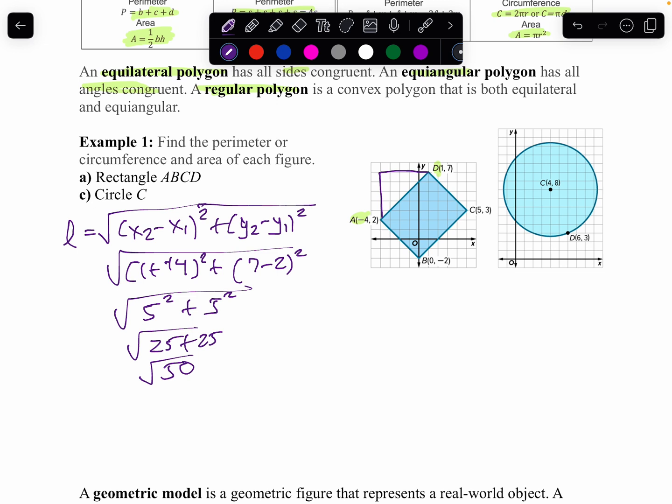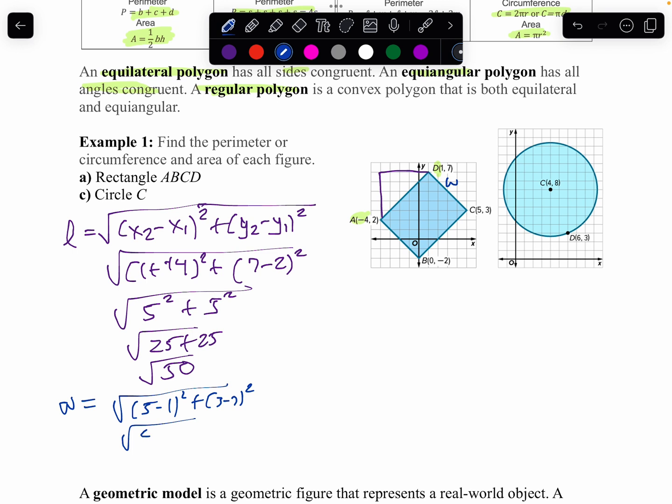I'll do the same thing to find the width of my rectangle, call this W for width. So I'm going to use my distance formula again. So I'm going to say 5 minus 1 squared plus 3 minus 7 squared.